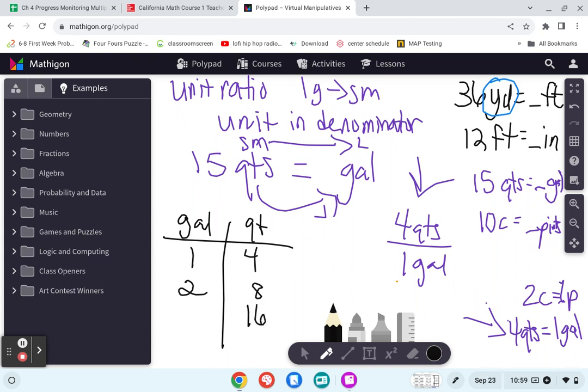So what I'm doing now, if you look at the relationship between the numbers, because I wanted to put my larger quantity on the left, and I'm only doing that to make it a little bit easier for people who don't understand yet. This is being multiplied by 4, right? So if this is being multiplied by 4, then going this way it's going to be divided by 4.